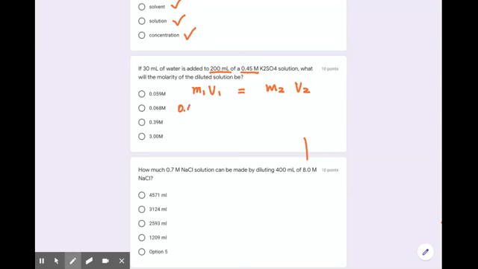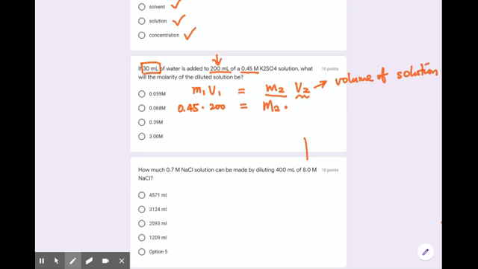So 0.45 times 200 equal, what was the new molarity? So M2 is what we're looking for. M2 times V, the volume of solution. Solution means the total amount of liquid together. So you are adding 30 ml of water to the original 200 ml.